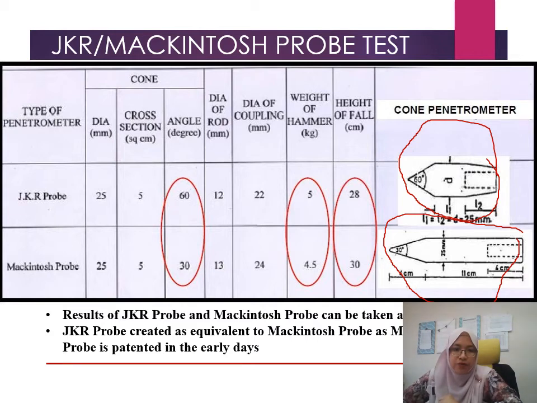For the JKR probe, normally the angle of the cone is 60 degrees, and the length of the cone is less compared to the Macintosh probe. For the Macintosh probe, the angle of the tip of the cone is around 30 degrees, and the overall length of the cone is bigger than the JKR probe.